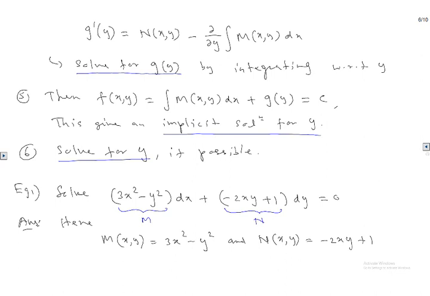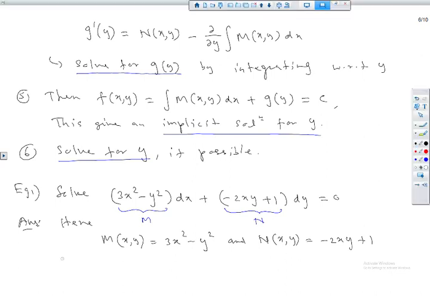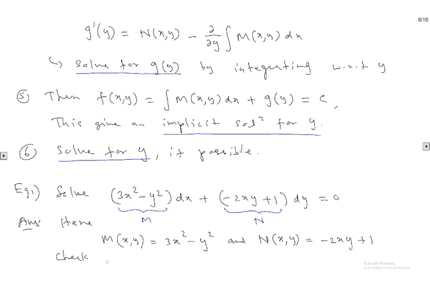Now we can check the condition. Take the partial derivative of M with respect to y. x is a constant, so you get negative 2y. Now let's take the partial derivative of the N function with respect to x. You again get negative 2y, so this is exactly equal: partial M by partial y equals partial N by partial x.